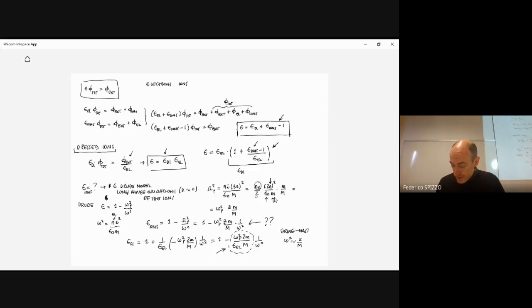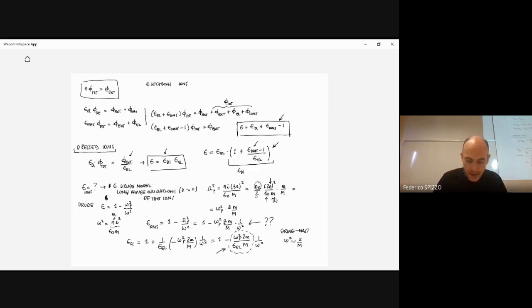So this ratio, omega square of plasma divided by the electronic dielectric constant, is very important because it is a sort of inclusion in this calculation of the fact that the forces acting on the different charges in the system, in this case the ions, are not infinite-range forces but short-range forces, because due to the electronic contribution the range of interaction of the charges is strongly reduced. So it's an important step of the calculation.